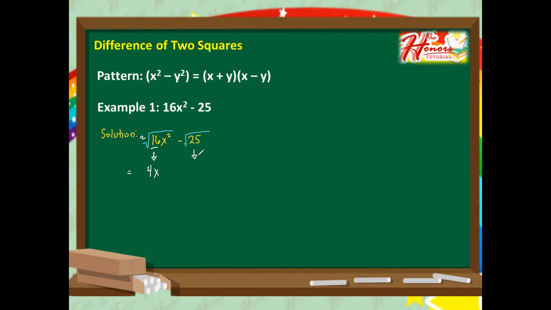for 25, what is the square root of 25? That is 5. How do we know that that is the square root? For numbers, this is how. For example, square root of 16. You have to think of a number that when you raise to 2 is equal to 16. Like 4. 4 raised to 2, meaning 4 times 4 is equal to 16. So that's why the answer is 4.